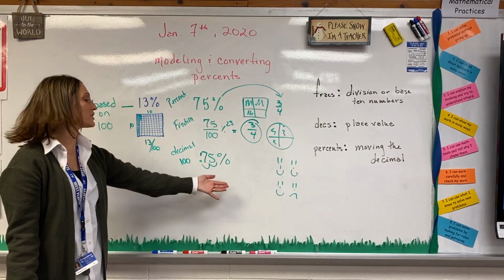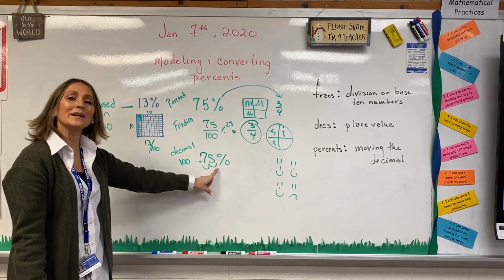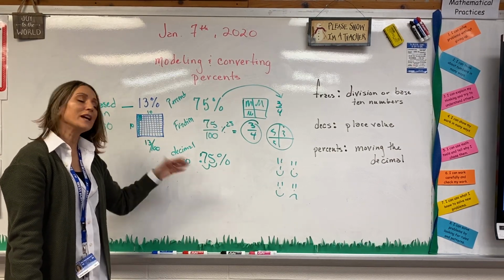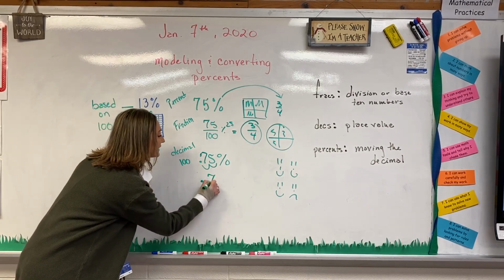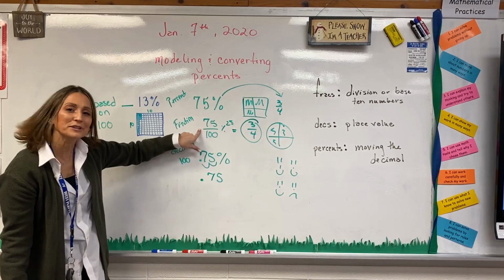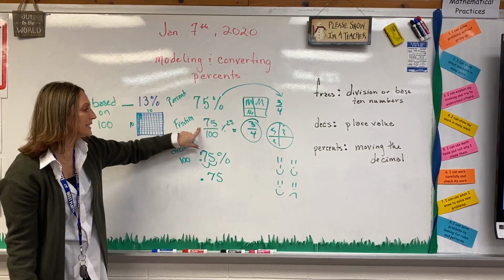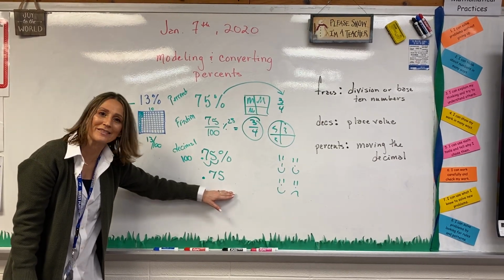And so they just know to move the decimal 2 spots to the left, decimal always at the back of the number, and go to the left to turn it into 75 hundredths. Now that looks like this. Does it say the same thing? 75%, you said, was 75 hundredths. Isn't 75 hundredths 75 hundredths as a decimal? That's how I read that.